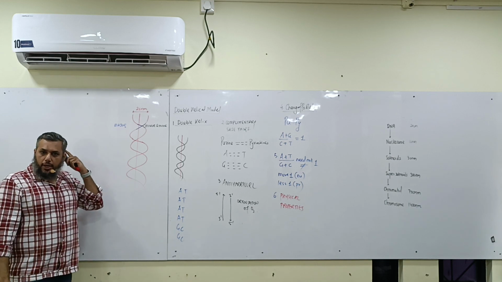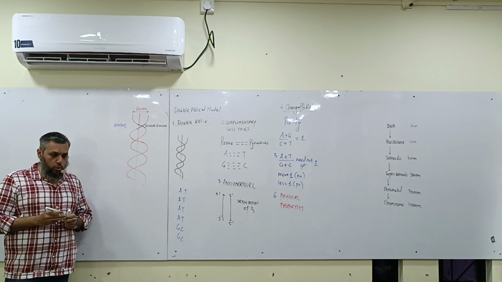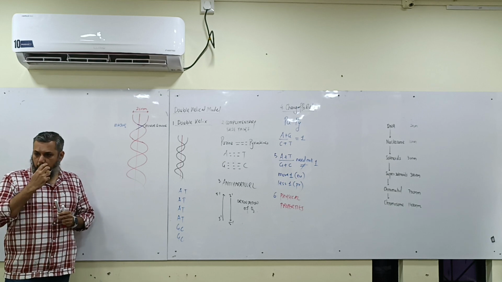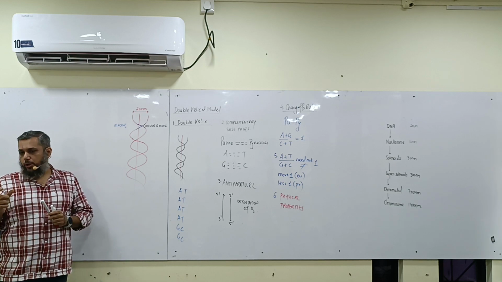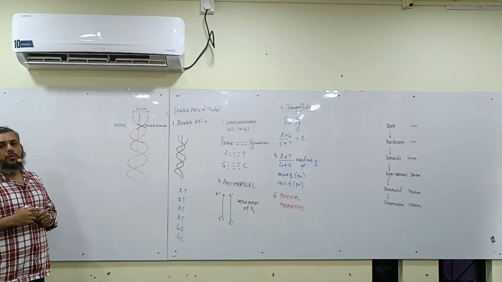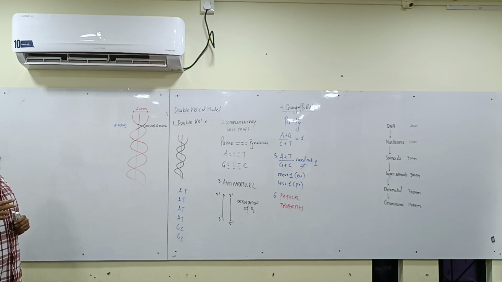So how many grooves do you get? Two. What are the two grooves? Minor and major. When do you get a minor groove? When the two polynucleotide strands coil over each other, and when they coil over the imaginary axis, it's called the major groove.